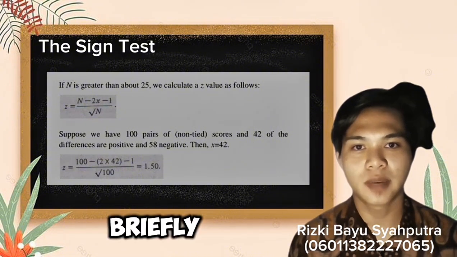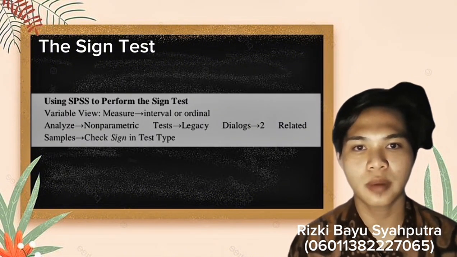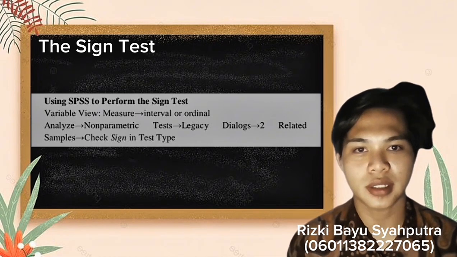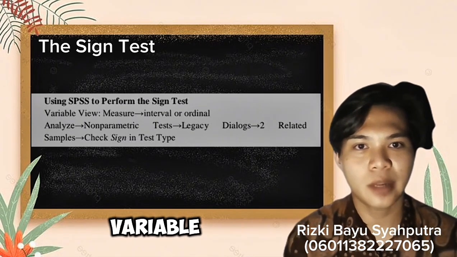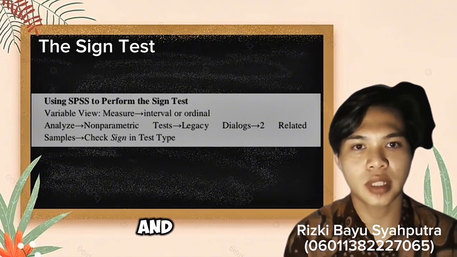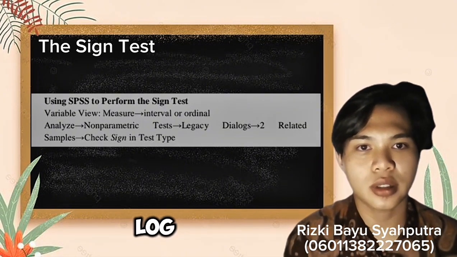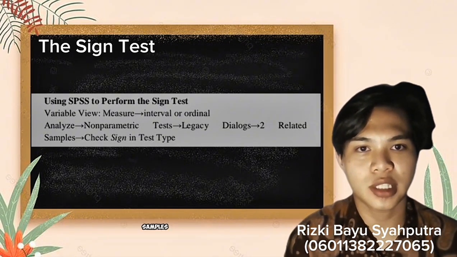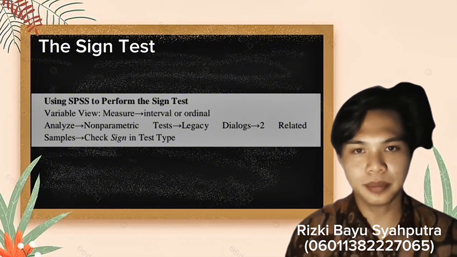Now, let's briefly discuss how to use SPSS to perform the sign test. In SPSS, you should set the variable measure to interval or ordinal, go to Analyze, then Nonparametric Tests, Legacy Dialogs, and Two Related Samples. And lastly, check Sign as the test type.